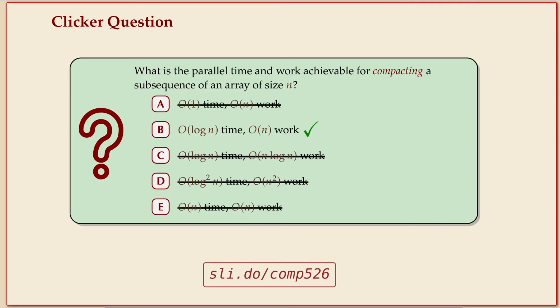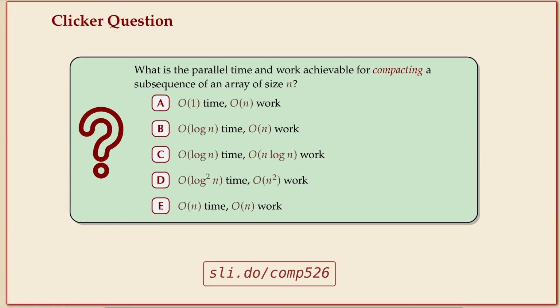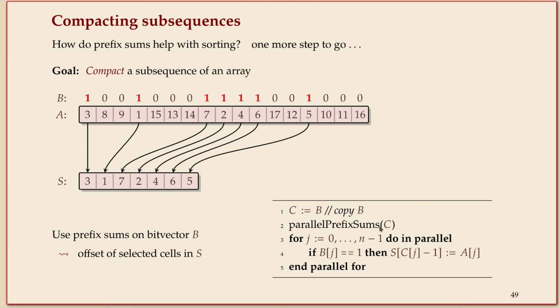And the best thing we can achieve is this one. So logarithmic span and linear work. And the reason is, well, it's dominated by the prefix sums. And so it was a test whether you remembered what the time for prefix sums was. And you can look it up in the slides before.